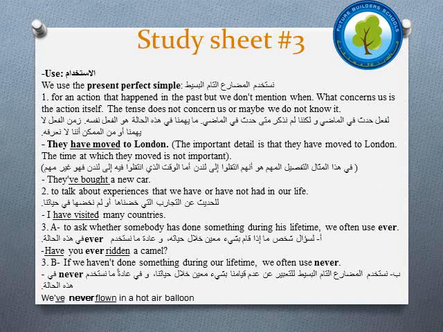Number 3, to ask whether somebody has done something during his life. We often use ever in this sentence, and it is used in questions. Have you ever ridden a camel?